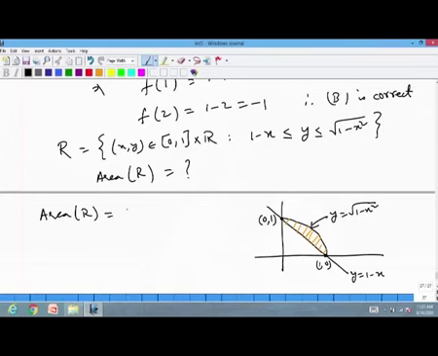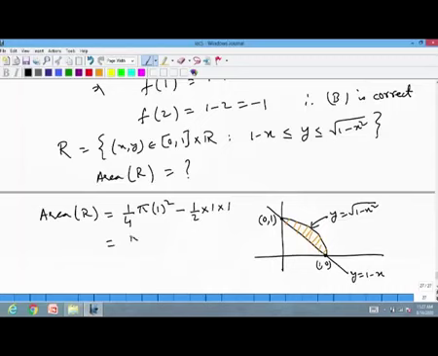So, this is 1/4 times the area of a circle of radius 1, which is pi times 1 square, minus the area of this right angle triangle, which is half times 1 times 1.